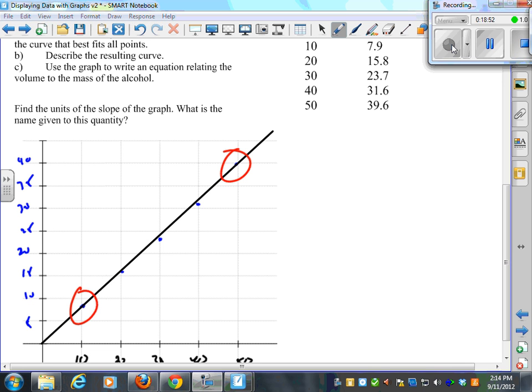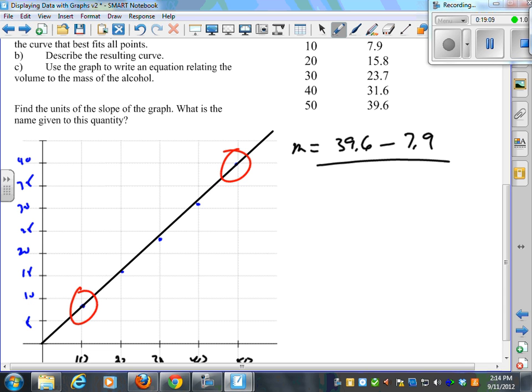Now I'm going to write m is equal to, what's my slope? Well, the y-coordinate here is 39.6. I subtract the y-coordinate down here, which is 7.9, over my x-coordinates, which are 50 minus 10. And I get 31.7.